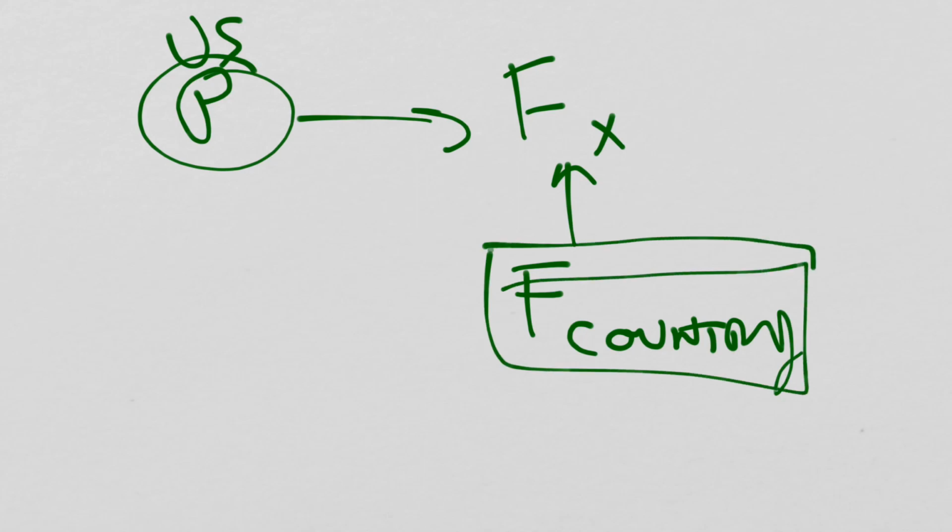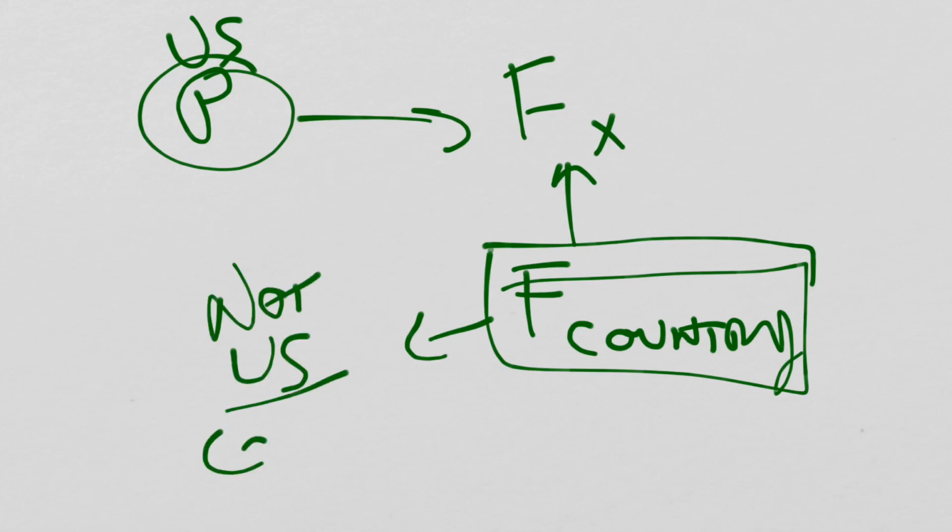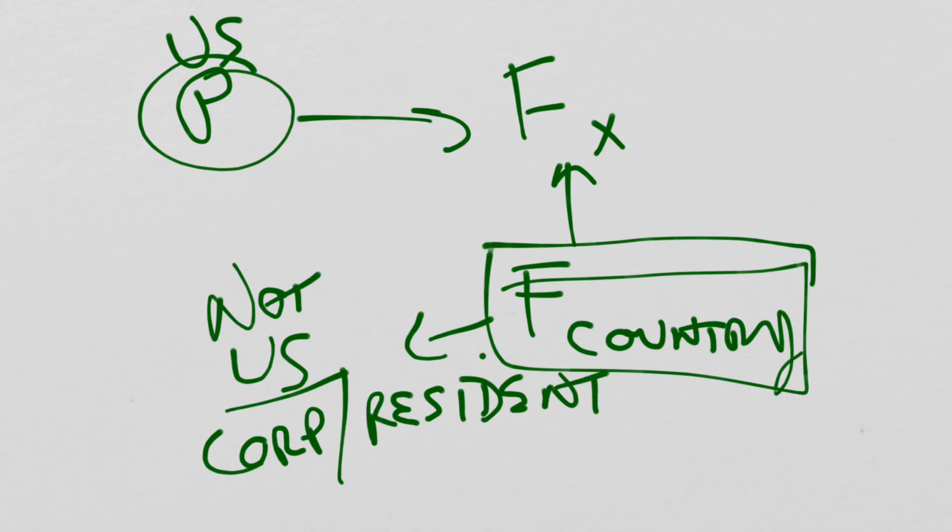Why should they, particularly if they're separately incorporated, why should it pay U.S. tax? It's not a U.S. corporation. It's not a U.S. resident. And it means that F country should have the ability to tax it. And the taxes to the United States shouldn't happen until the dividends, and that seems perfectly right. So that's exactly where it sits.